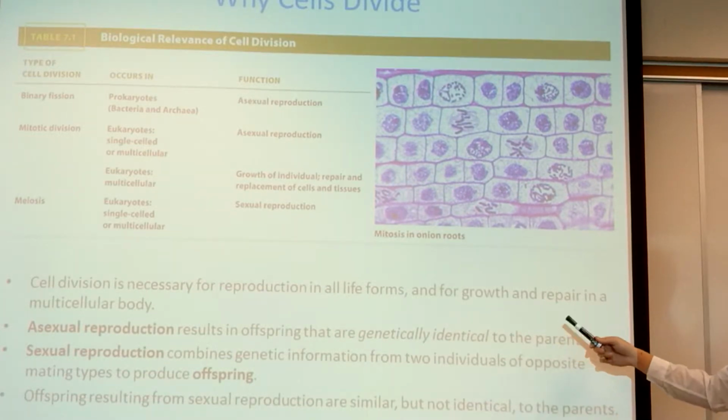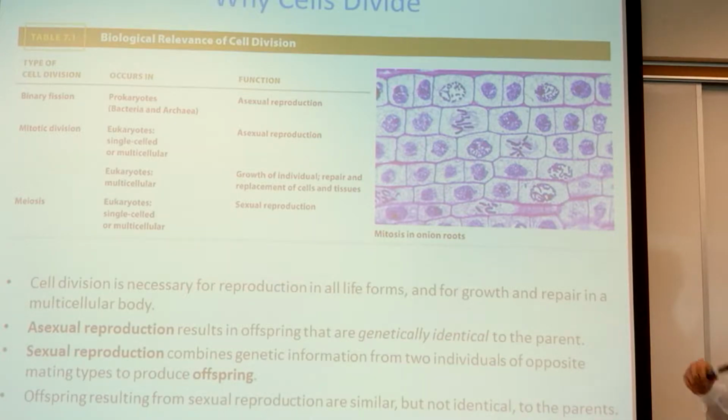For asexual reproduction, the offspring will be genetically identical to the parent. This is the case of the algal bloom that we saw from the introduction slides during the Olympics in Beijing. Sexual reproduction, on the other hand, is the combination of the genetic material of two individuals.